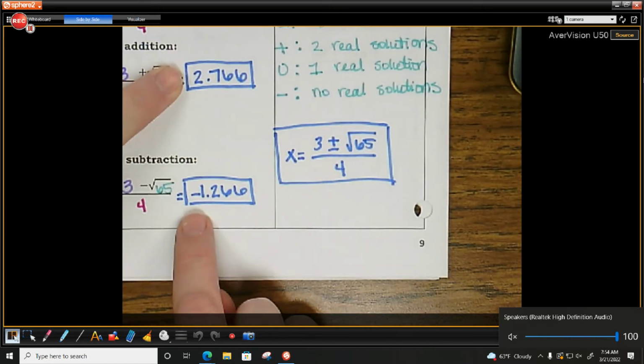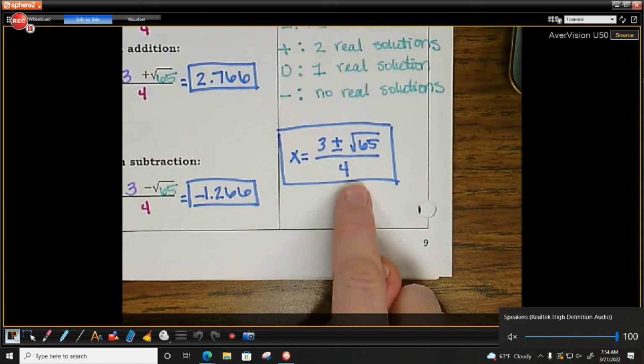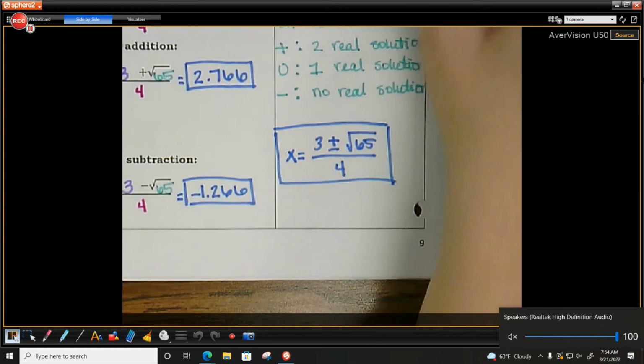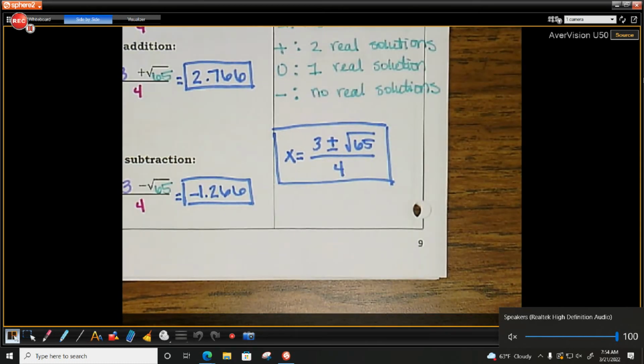This is simplified radical. Okay, we good? Now, on your homework, which we'll go over this section as well, it's going to ask, do you have real solutions or imaginary solutions? Do you have rational solutions or irrational solutions? Do we know the difference between rational and irrational?